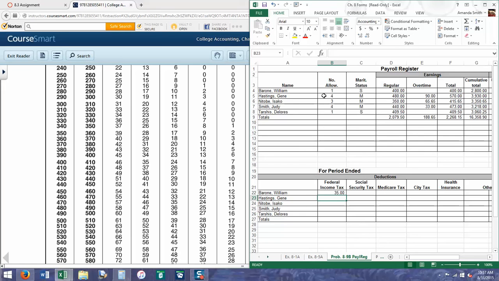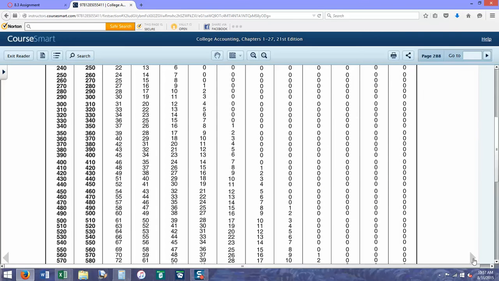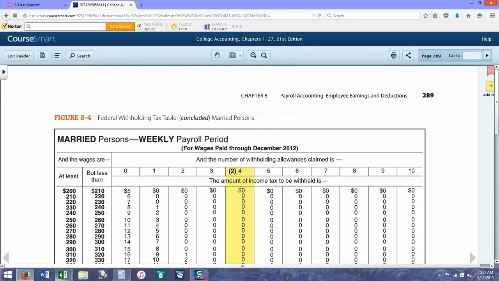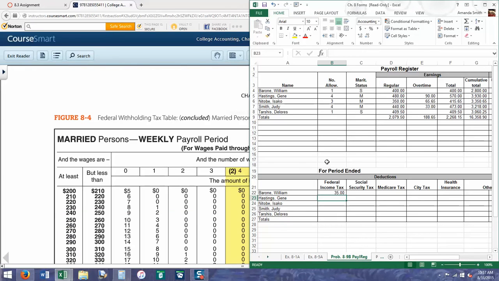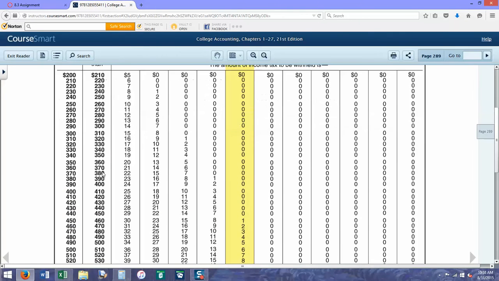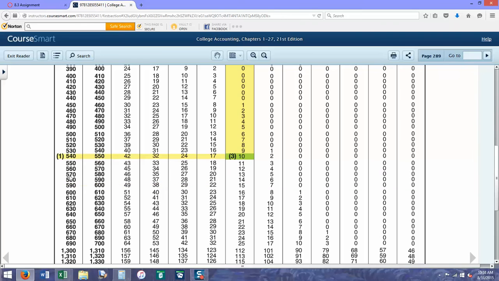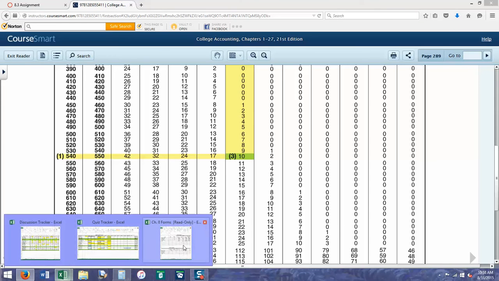Gene Hastings is married with 4 allowances. We're going to go to the next page. Married, 4 allowances, he had $570. So we have at least 570, less than 580. 0, 1, 2, 3, 4. So his federal income tax is $13.